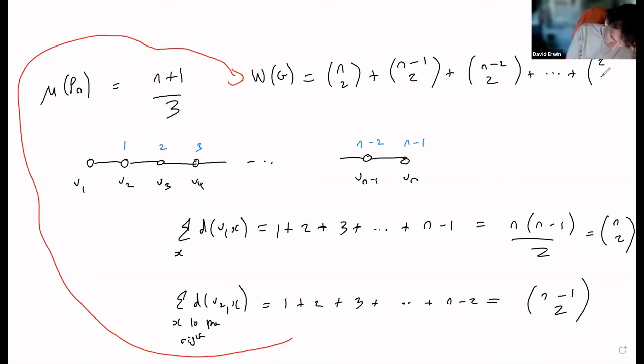So that's 2 choose 2, which is the same as 1.